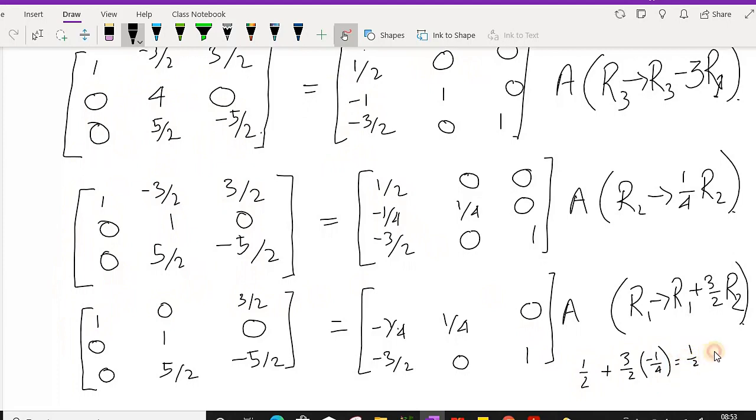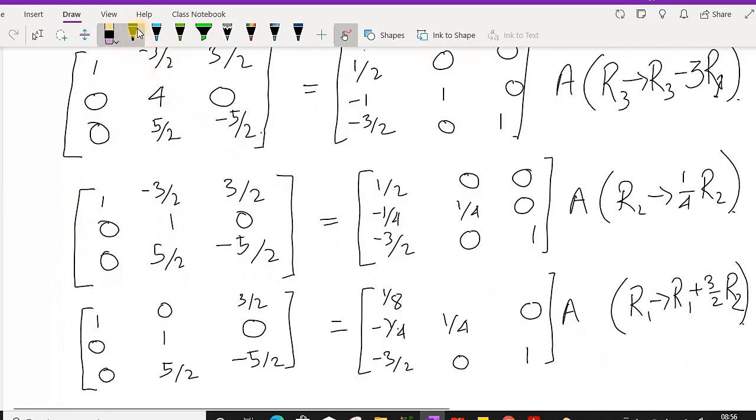How much will it be? Now what will come here, I am telling you: what was in R1 was 1 by 2, plus 3 by 2 and R2's minus 1 by 4. I cannot do this calculation directly in my head, so I am writing it down. If you can do it mentally, you can. Writing this, you will get this one. So now this will be 1 by 8. Okay, so we got a 1 by 8 here.